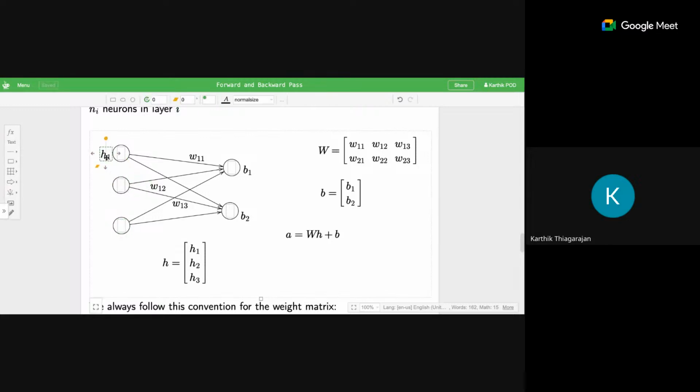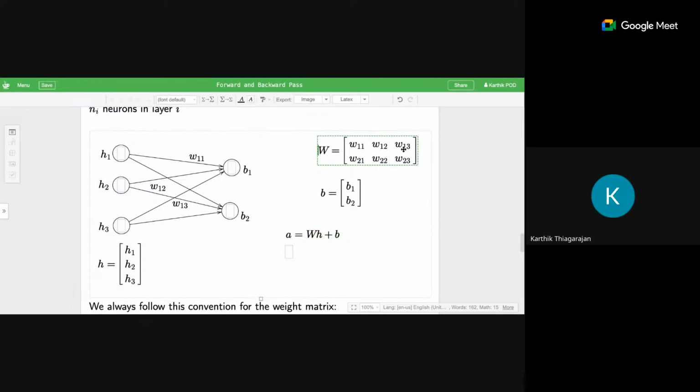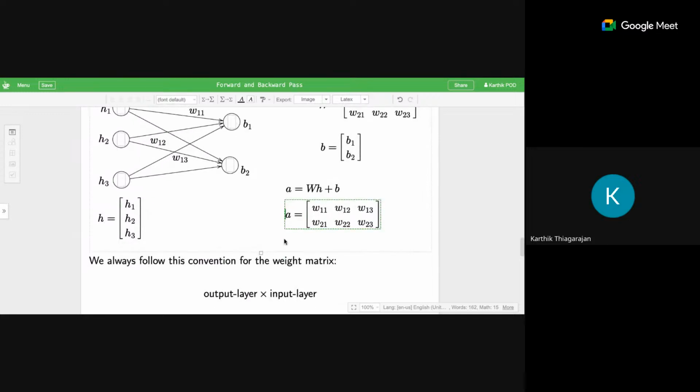So you have H1, you have H2, and you have H3, right? So that's where your input is coming from, right? If this is not clear, notice what WH is. WH is nothing but this matrix. So how many A components are there for A?